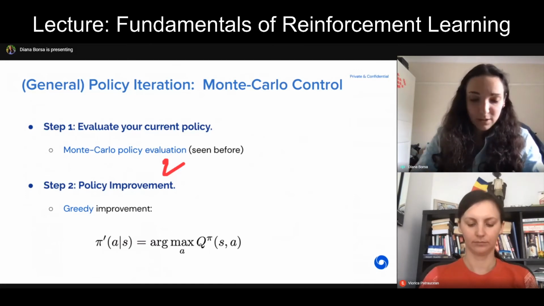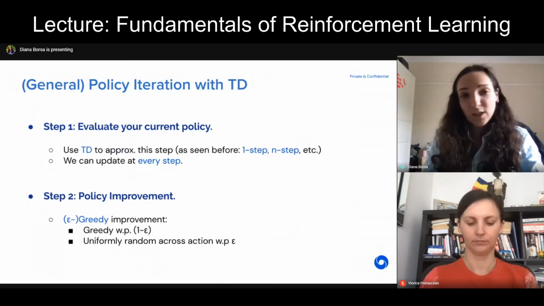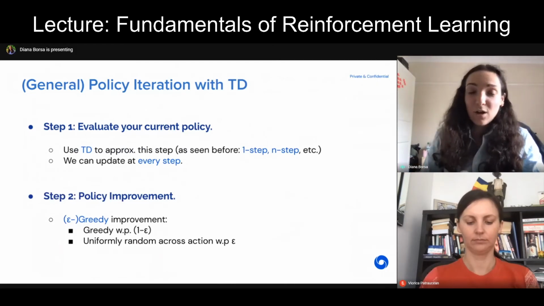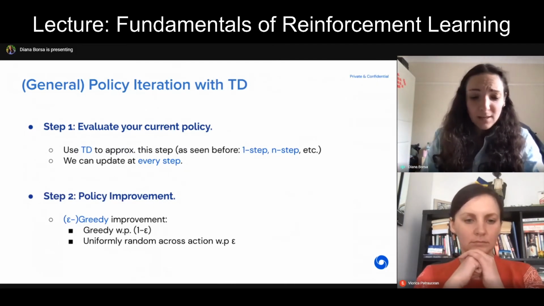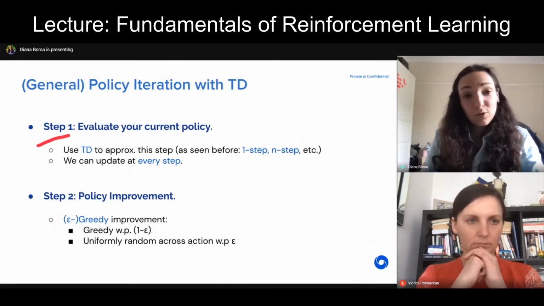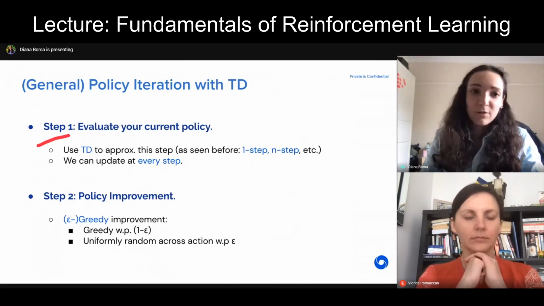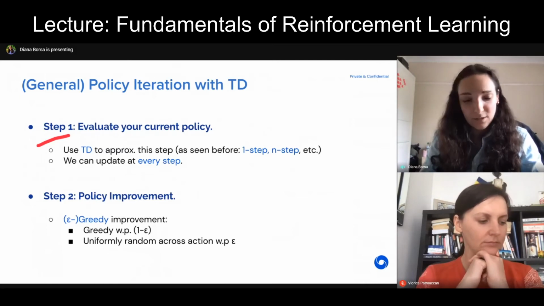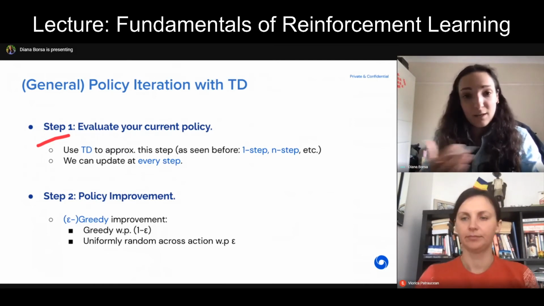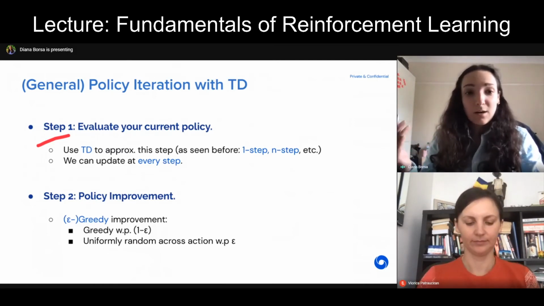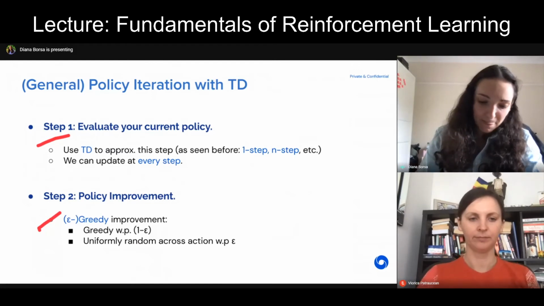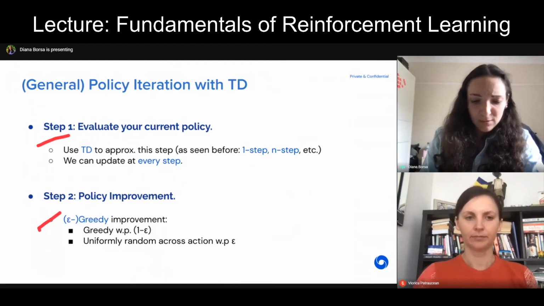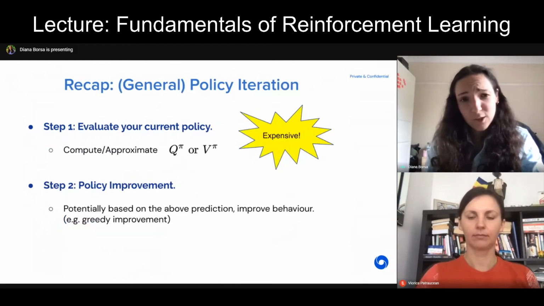Of course, we've already discussed that we can do this evaluation more efficiently, and maybe with less variance, by tackling policy evaluation with a TD method, which can be one-step, n-step, lambda returns, and so on, while the improvement step stays the same.